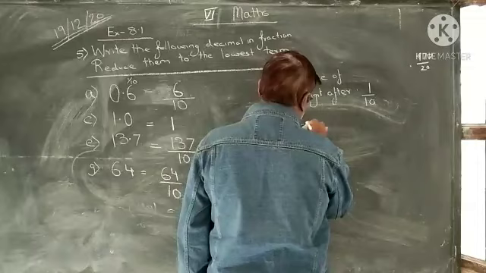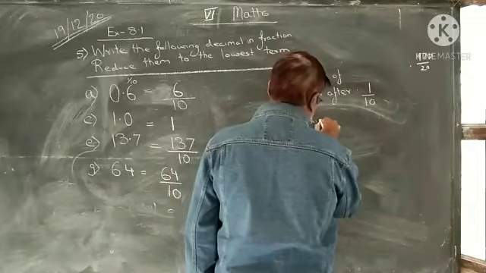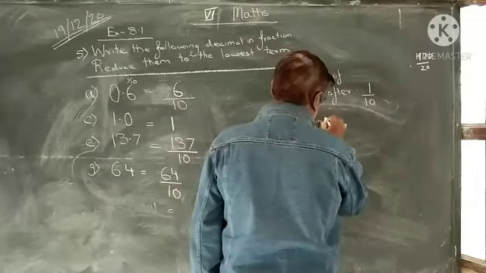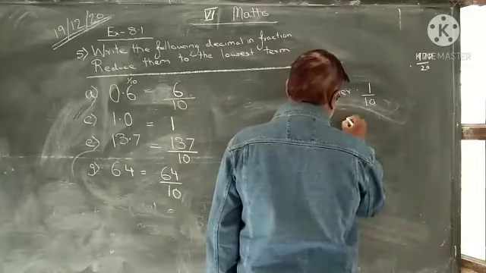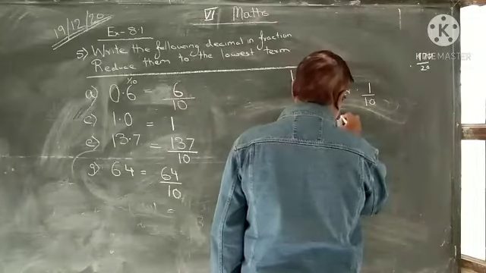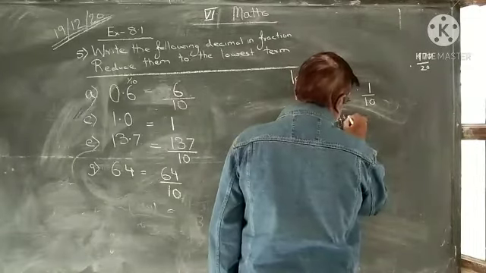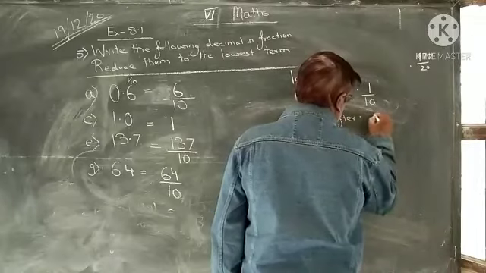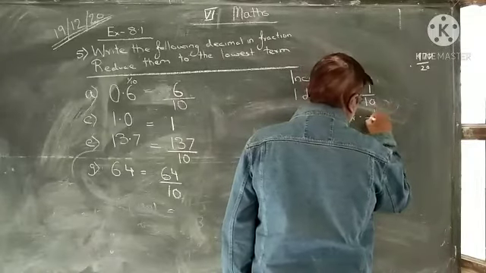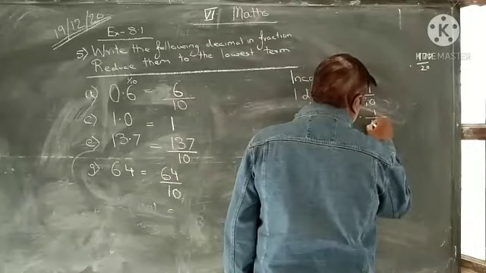In case of 2 digits after the point, it will be 1 by 100.